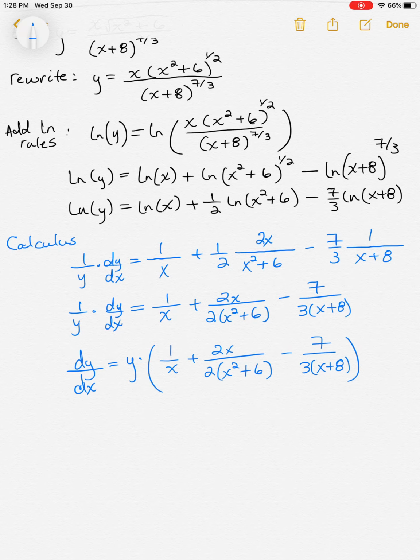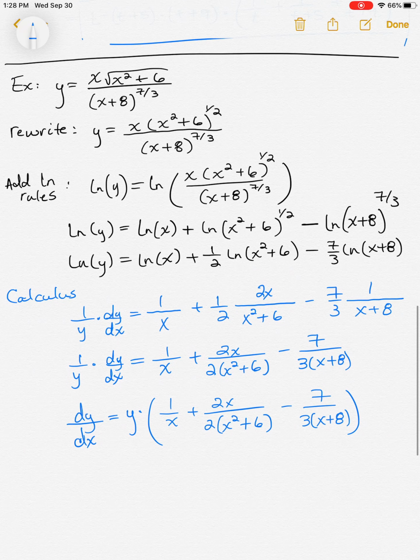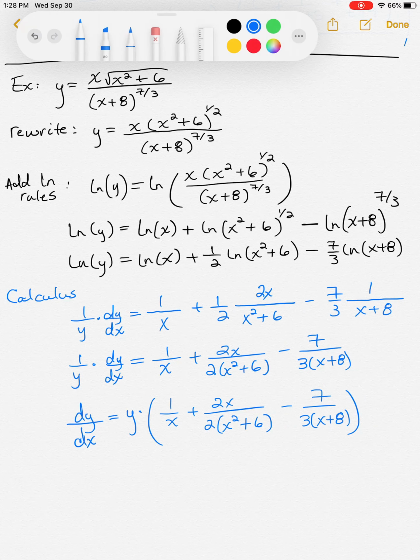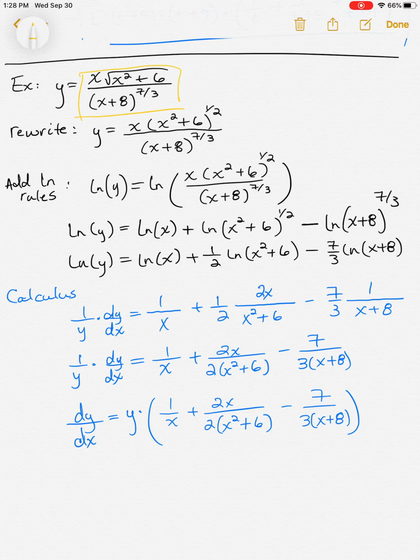And to put your final answer in, you go back to the beginning of your problem. It says, what is y? You take that y and you plug it into that equation.